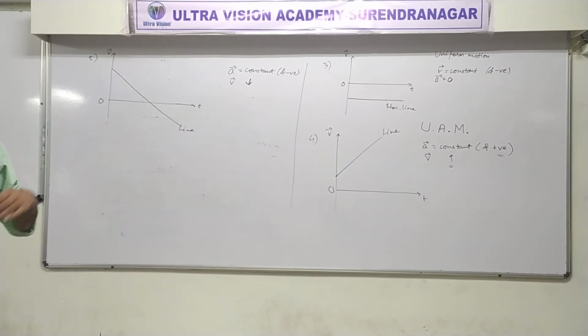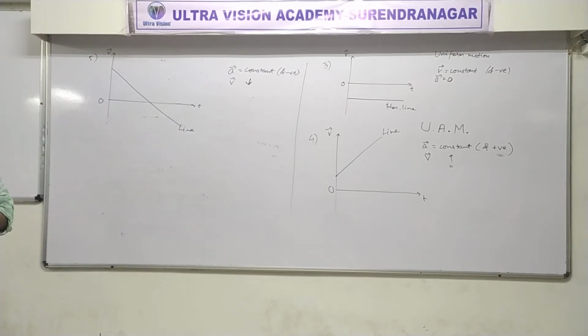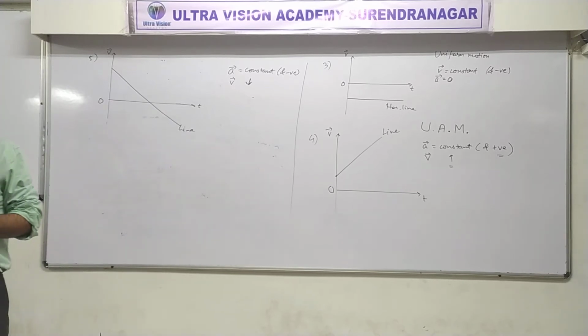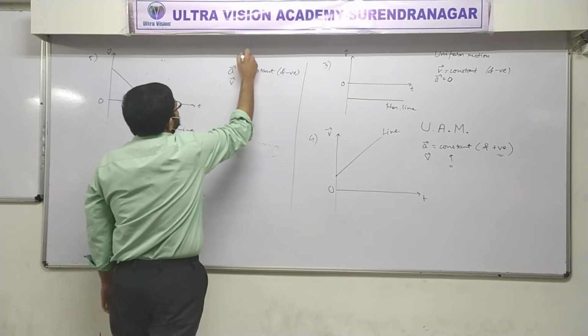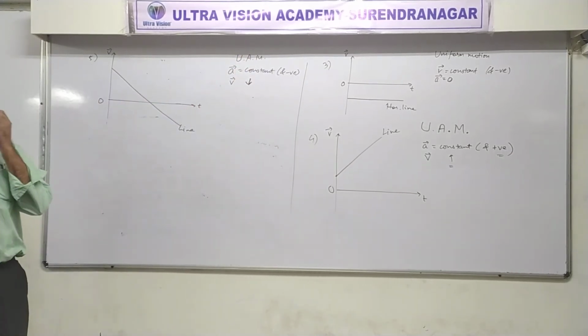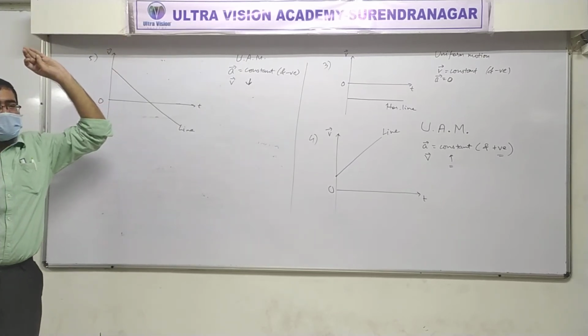The slope of that graph is downward. Correct or not? So slope of tangent will be negative. Alright, is there anything that you want to add? Correct. It is uniformly accelerated motion. That's true. Anything more? Velocity decreases.